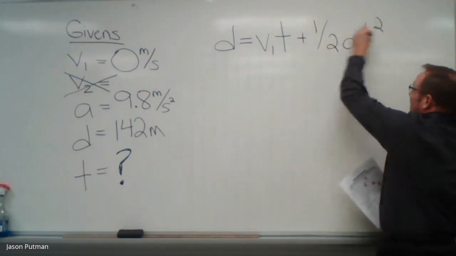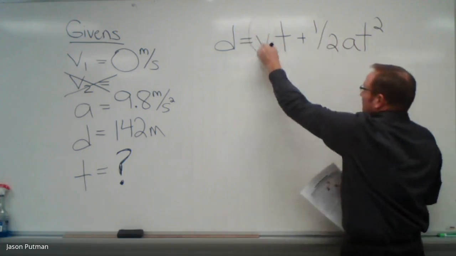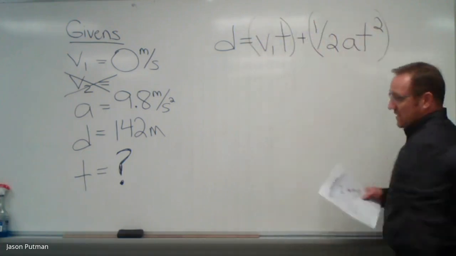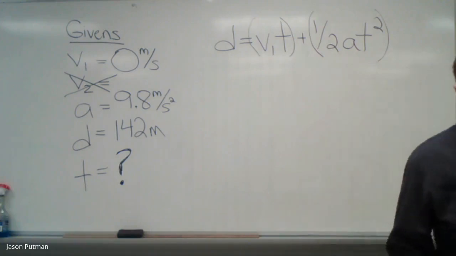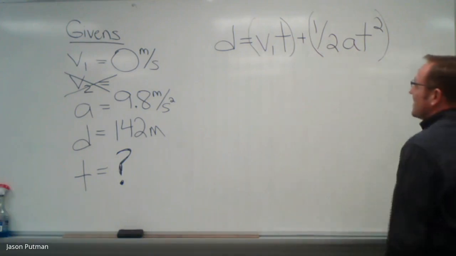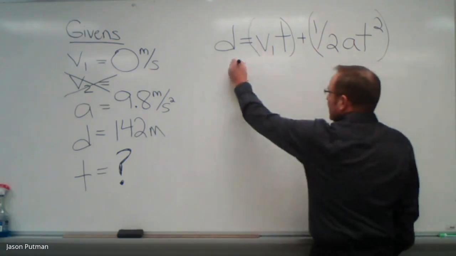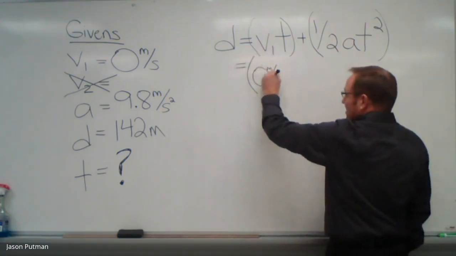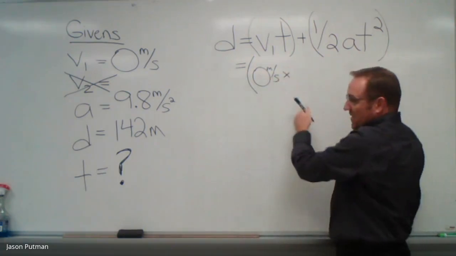And again, if you don't like the way that's written, you can think about it as 2 sets of brackets with a plus sign in the middle. So sub in your values. V1 is 0 meters a second, and normally you would multiply that by time.